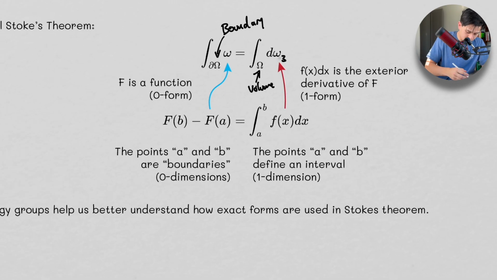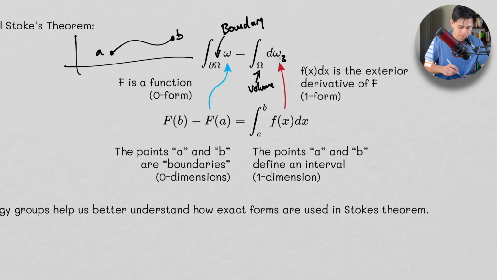If we look at a line or a curve, right, we have A and B, on some Cartesian system. These are points, or the boundaries, that are 0-dimensional on something that is 1-dimensional, right? So this is 1-dimensional. These things here are 0-dimensional.